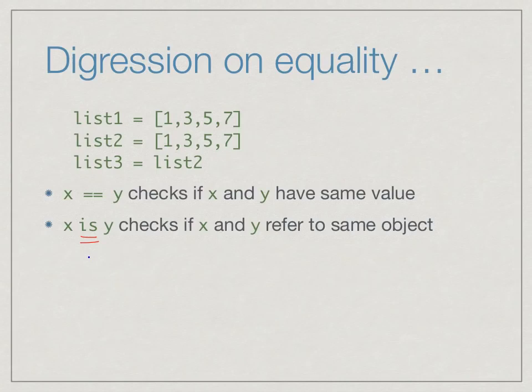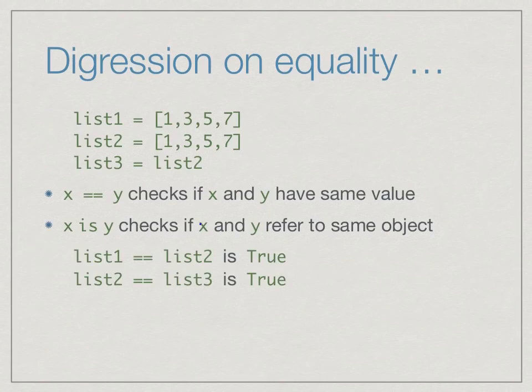When we say x is y, what we are asking is whether x and y actually point to the same memory location, the same value, in which case updating x will affect y and vice versa. So x is y checks if x and y refer to the same object.